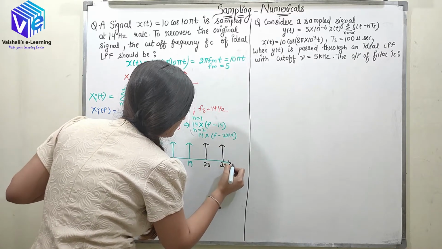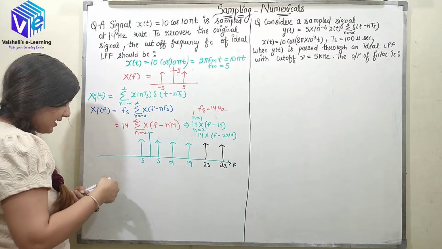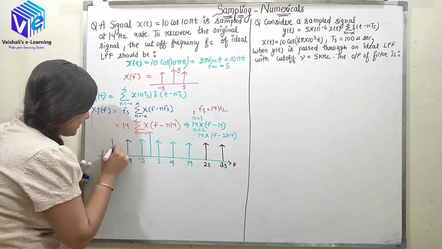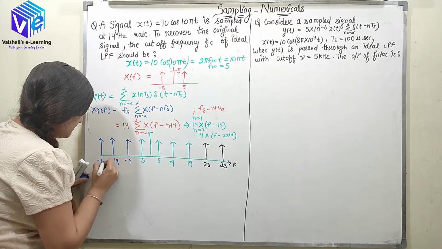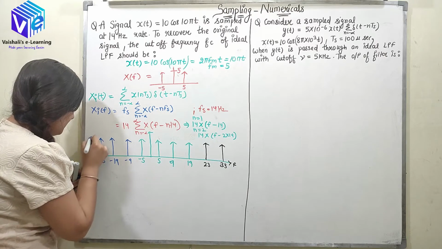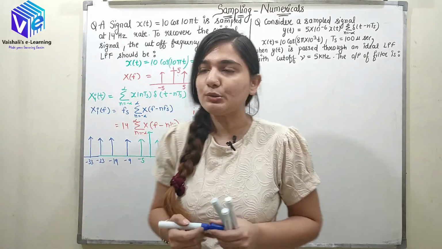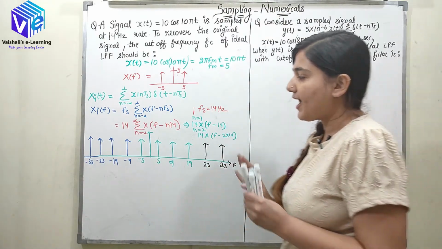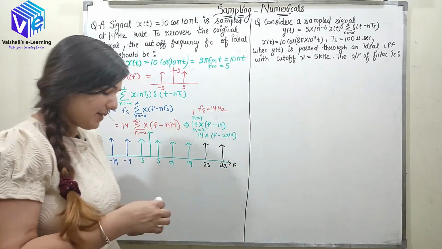Similarly, on the negative side, I'll have impulses at minus 9, minus 19, minus 23, and minus 33 Hertz. This is the sampled output. Now I need to construct a filter which extracts my signal.